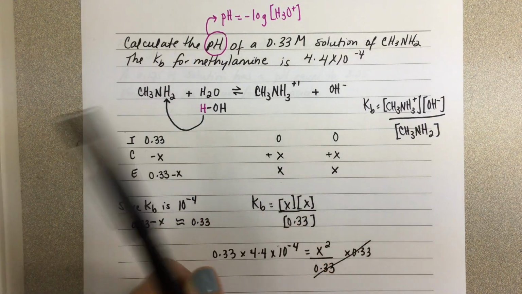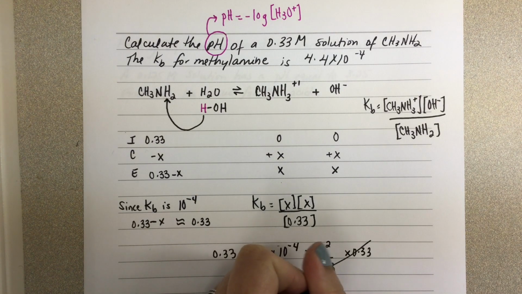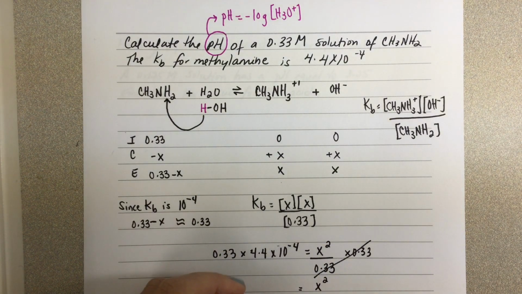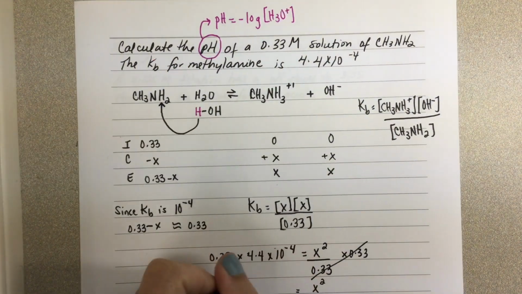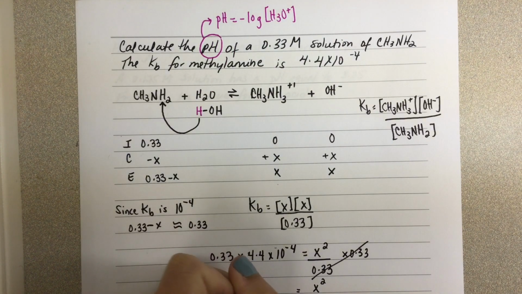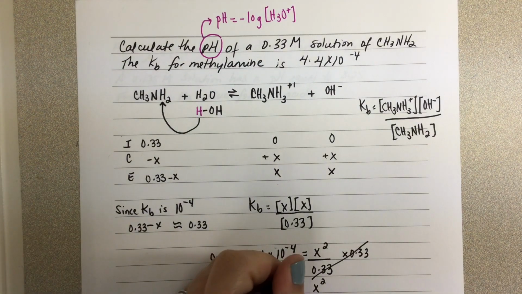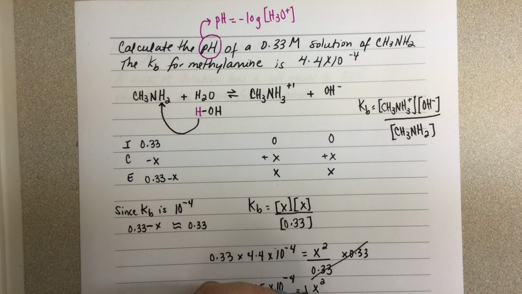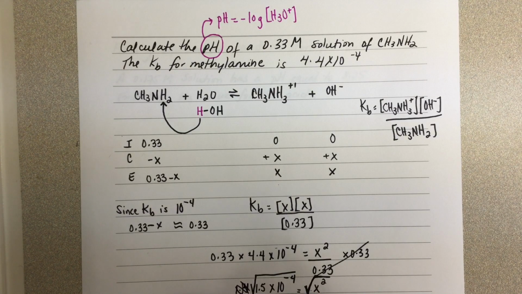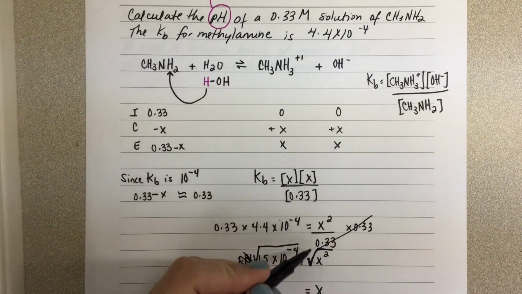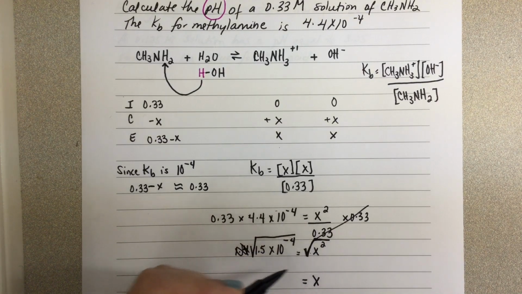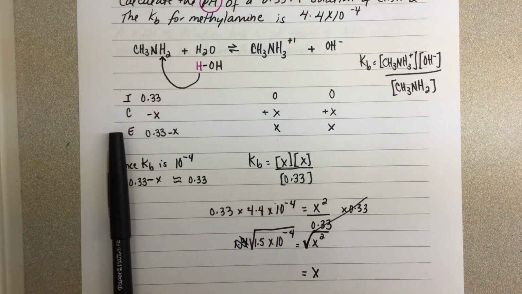I'm trying to isolate X. So let's do 1.5, not 1.45, 1.5 times 10 to the minus 4. To get just X, you need to do the square root of your number. You're getting rid of the square on this side, and then that will give you the answer for how much is X.